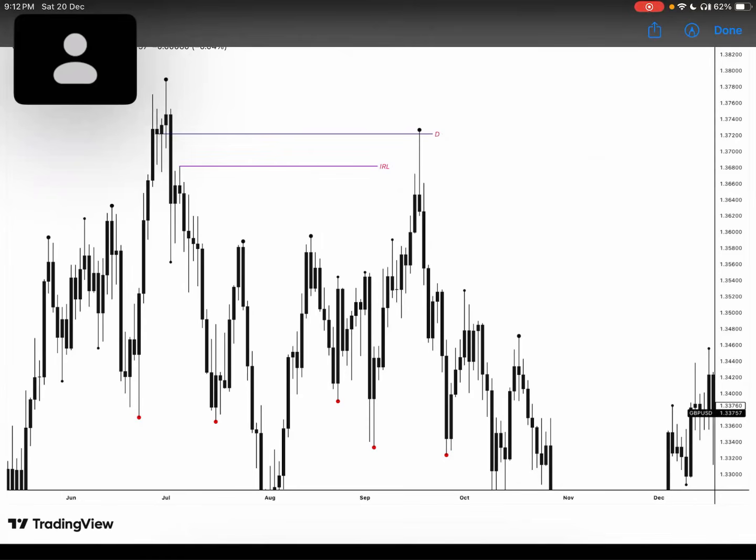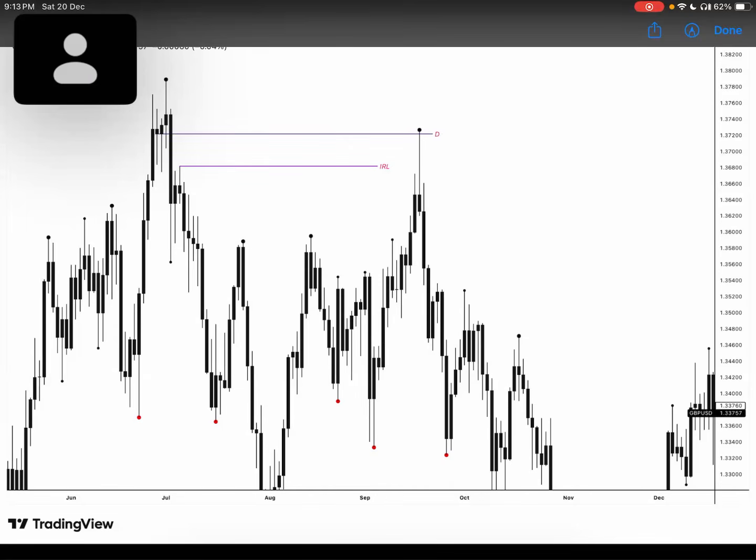So the main thing is, after taking the liquidity, understand, after taking the liquidity, the buyers have lost their momentum. Okay, when the buyers have lost their momentum, we need potential sellers to make the move an expansion. For making the sellers potential, we need a sponsor.